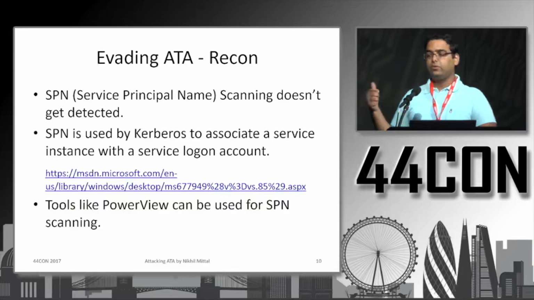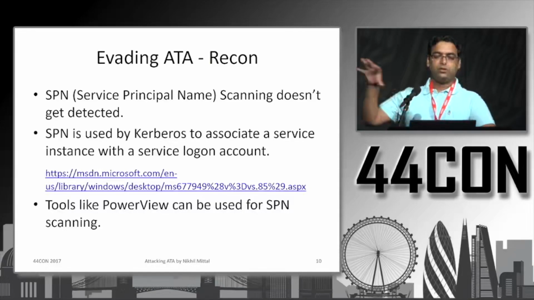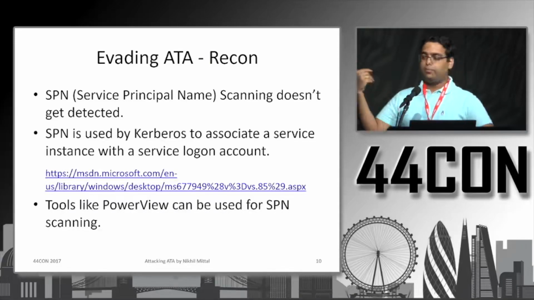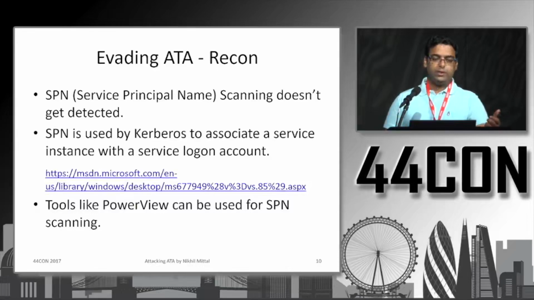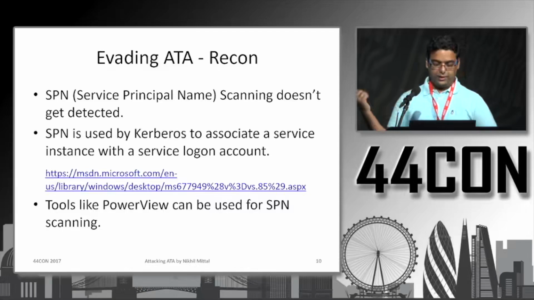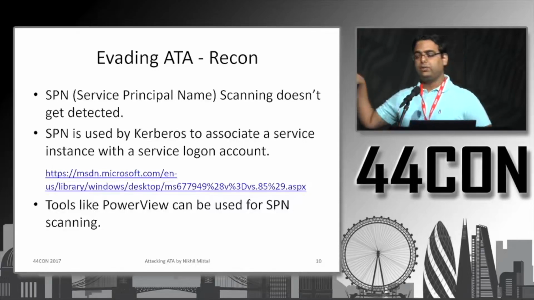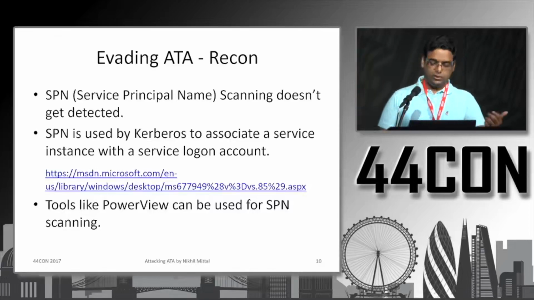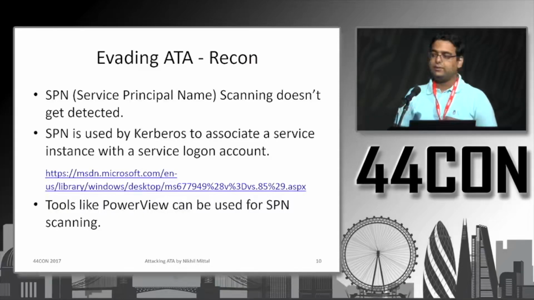But for example, if you use horizontal brute forcing, the well-known one, where you try a single password against multiple domain users, and because it's a single attempt, there will be no lockout, that also doesn't get detected. Once again, it depends totally on the tool. If you're using a PowerShell script like Nishang's Invoke-BruteForce, it doesn't get detected because that uses LDAP queries. Of course, if you use well-known tools like Hydra, there is a detection.